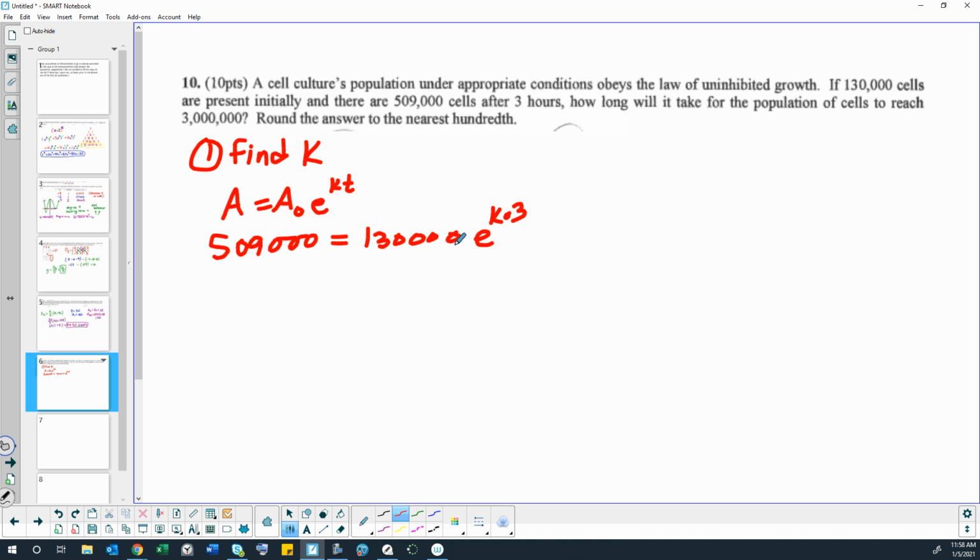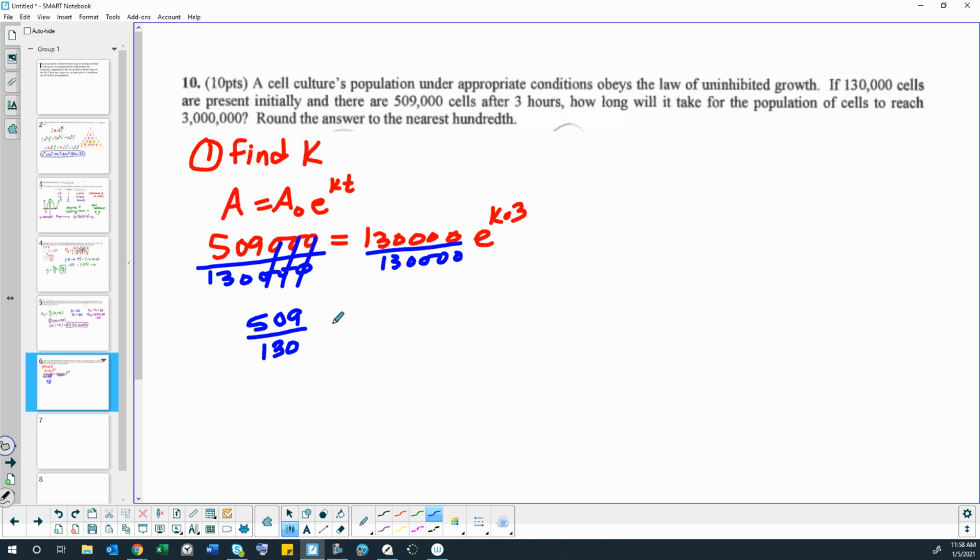So I've plugged in my initial amount, my amount after 3 hours, and the 3 hours. So I divide both sides by the 130,000. The good news is that this is just going to reduce to 509 over 130.